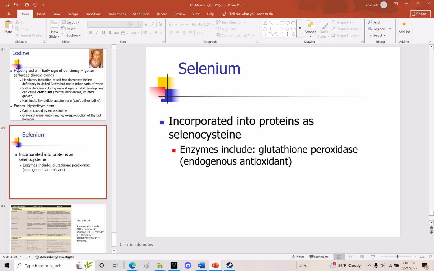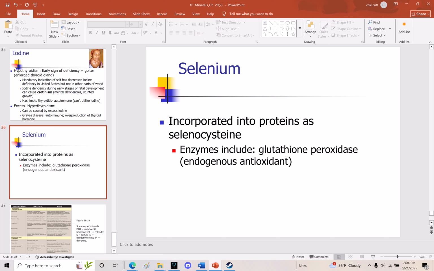Glutathione peroxidase is the enzyme that utilizes glutathione. So selenocysteine is an important component of glutathione peroxidase, which has endogenous antioxidant activity. And it's also important for thyroid hormones, but I'm more concerned that you remember the glutathione because of the antioxidant.